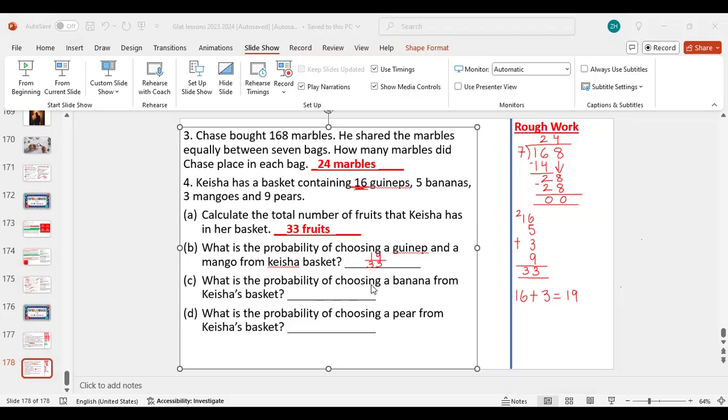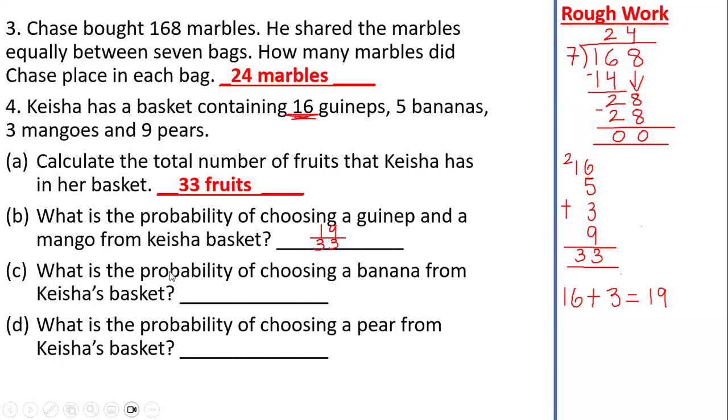What does probability mean? That's a good question. Probability is like a fraction. It says the probability of getting a banana, right? So how many bananas do we have? 5 bananas.